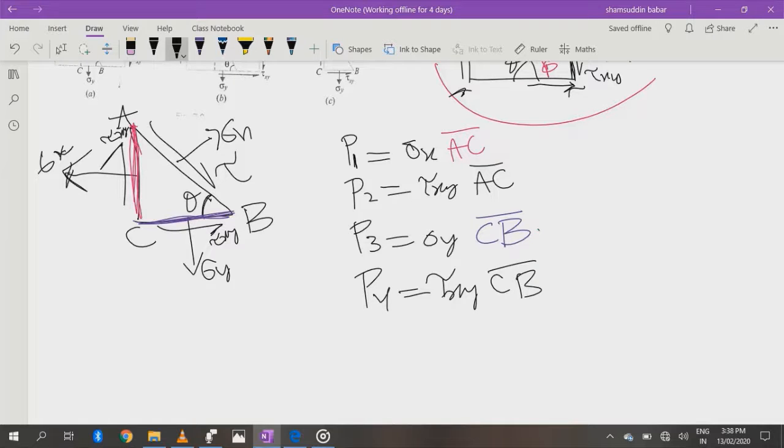So initially I have to convert all these into forces.